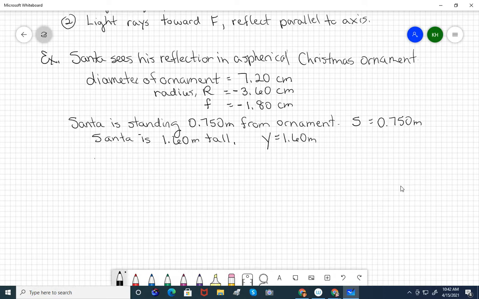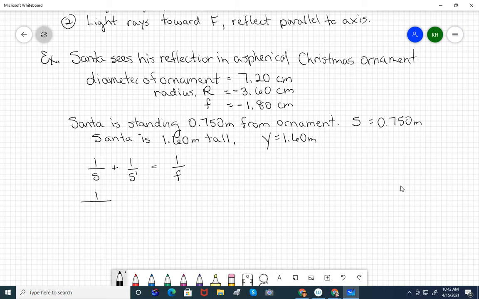Okay, so our equation is 1 over S plus 1 over S prime is 1 over F. In this case, we want to locate the image. Our focal length is in centimeters, so why don't we work in centimeters?